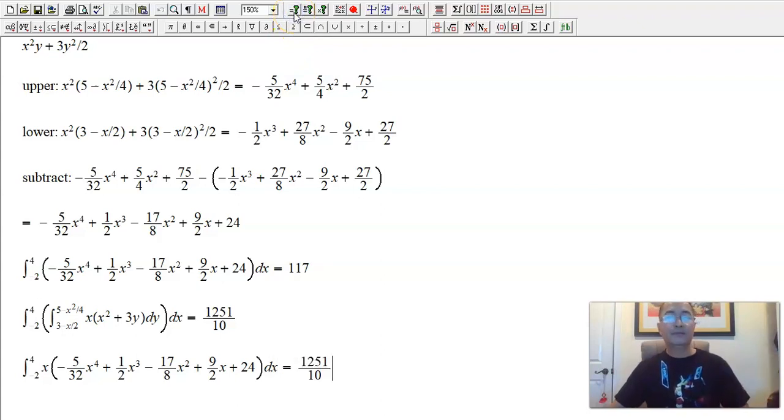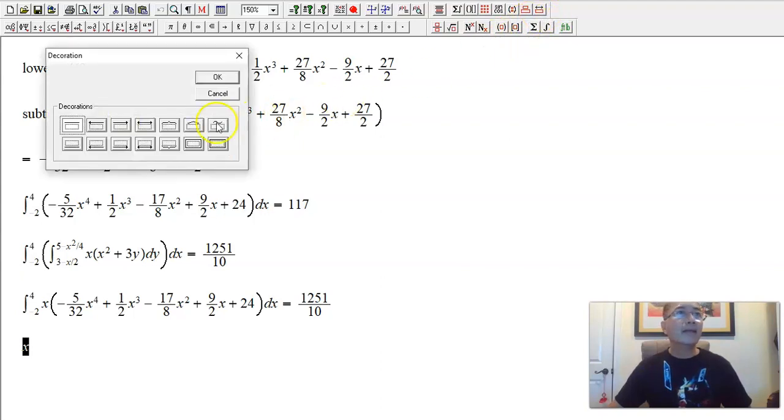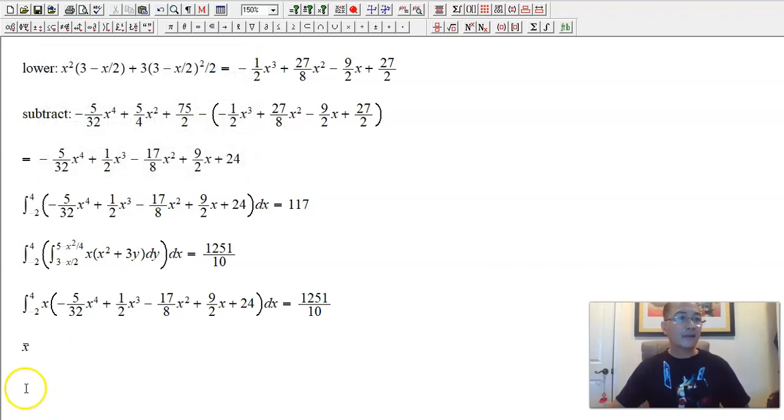Of course. So therefore the x bar, and yes, I do have a way to make the bar. I have to highlight that, and here you go. I believe that's the one. Yeah, that's the one. So we need a regular bar over there.